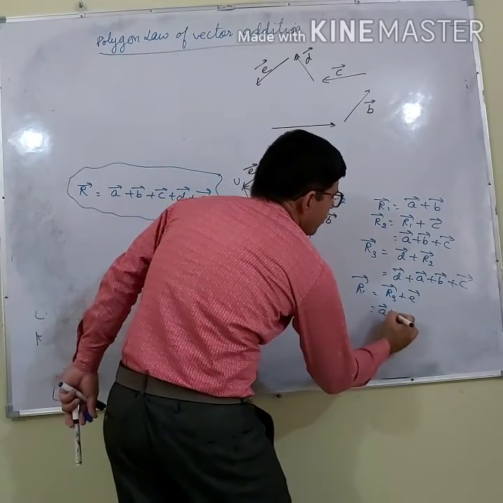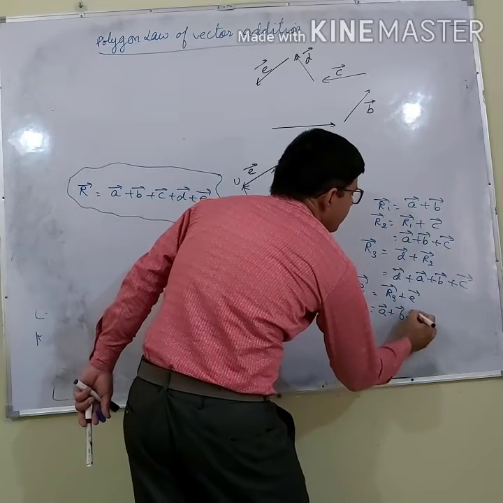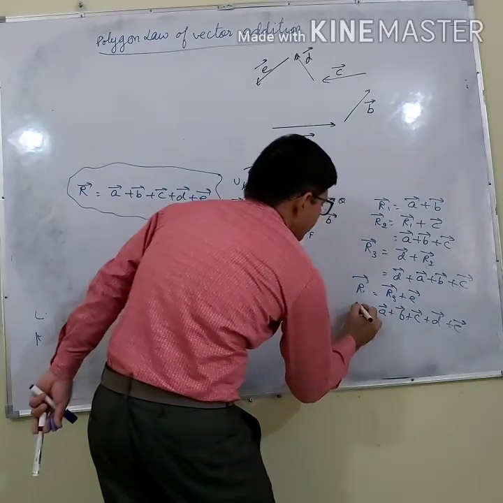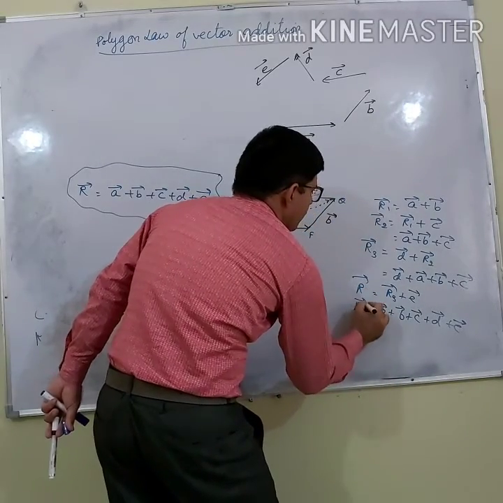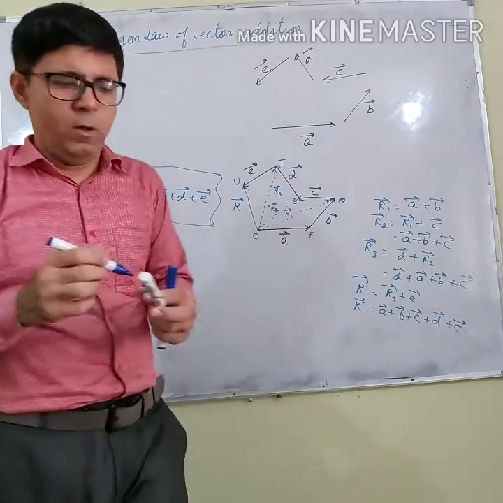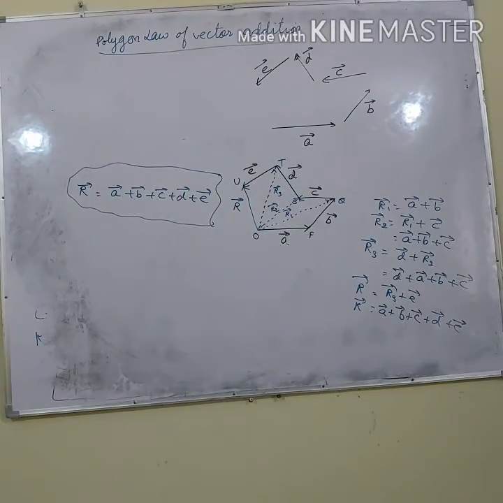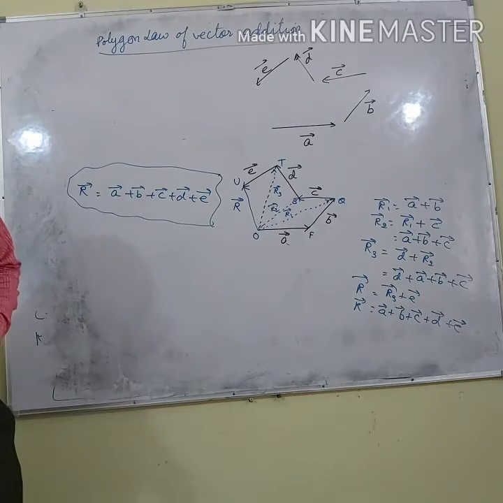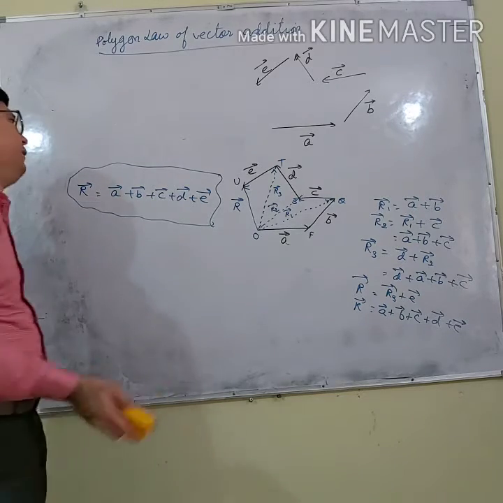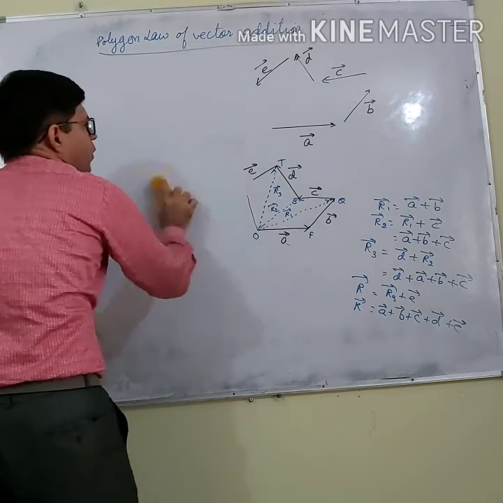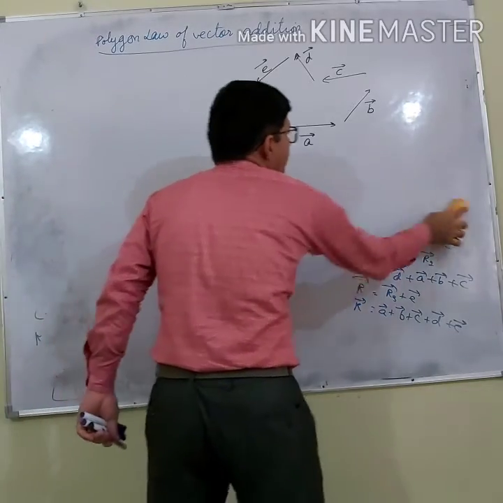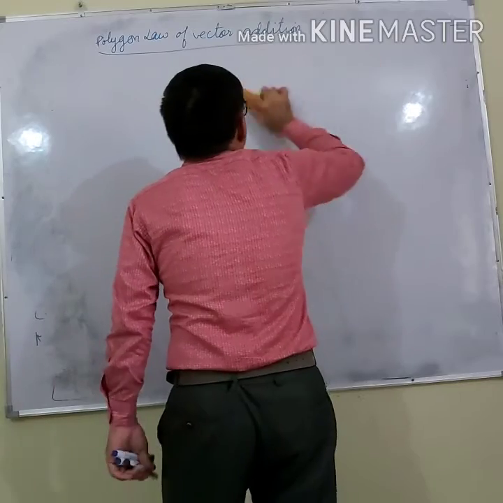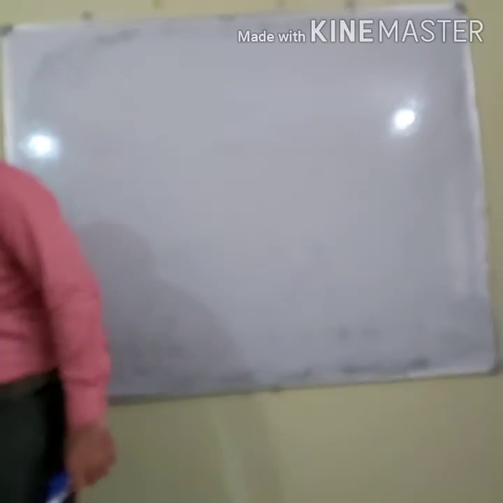Vector A plus vector B plus vector C plus vector D plus vector E. So in this way we can say that the polygon law of vector addition is an extension of the triangle law of vector addition.